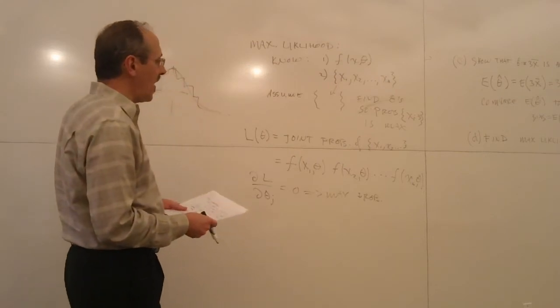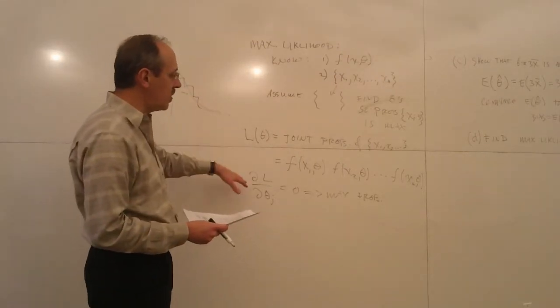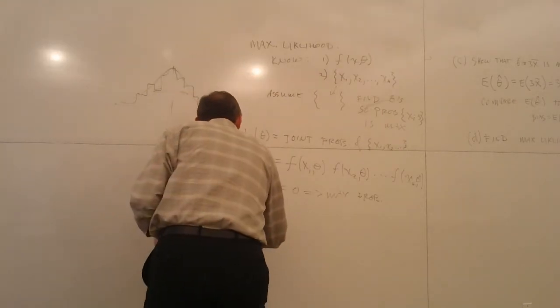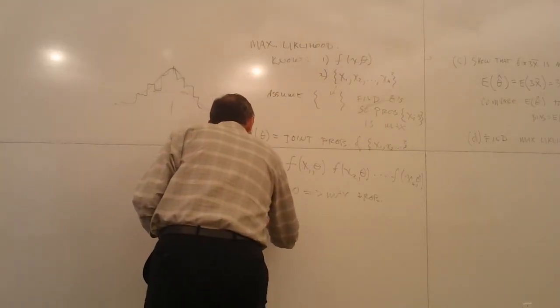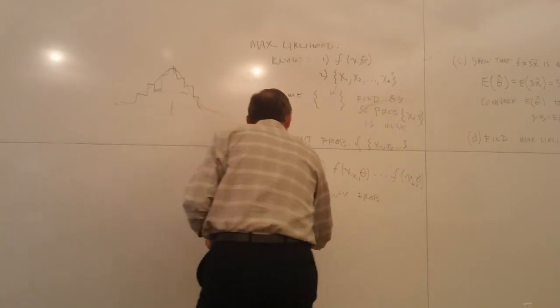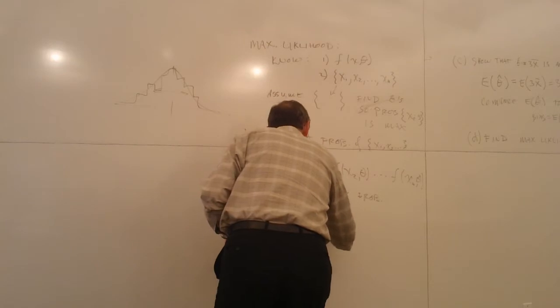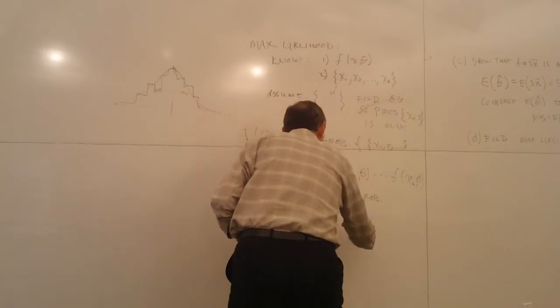So we can get around that by converting our product into a sum using the natural log function. So I take the natural log of my L of theta, and that will just give me the natural log of each of these as a summation.